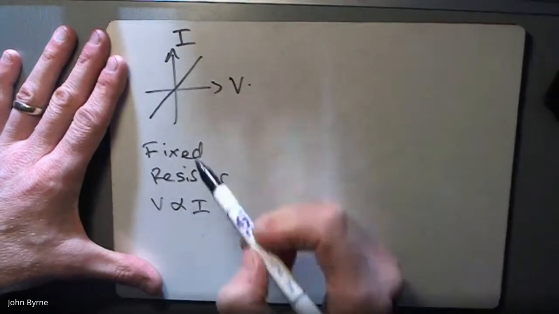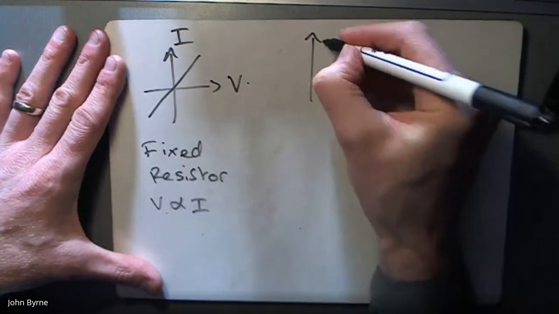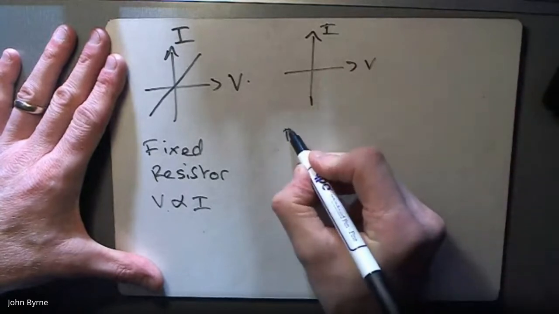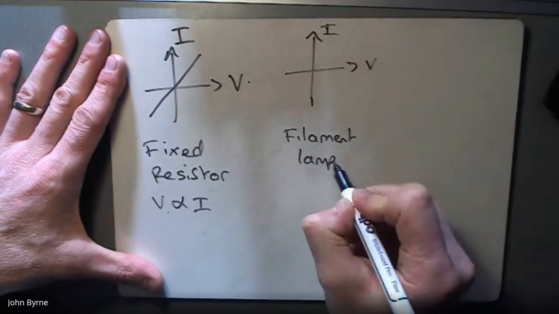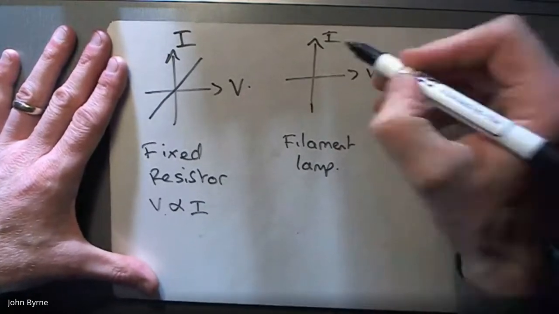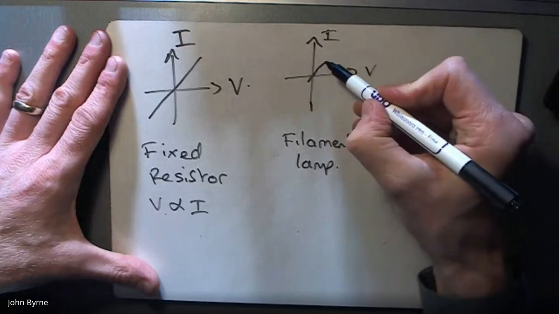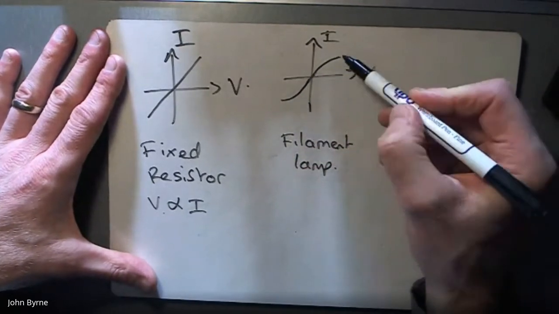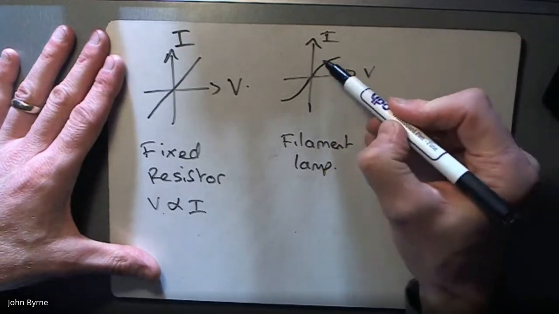A straight line through 0, 0 means that V is proportional to I. If we were looking at the relationship for a filament lamp, then although it obeys Ohm's law for low current, as the current gets higher the resistance increases, and therefore it curves over a bit.